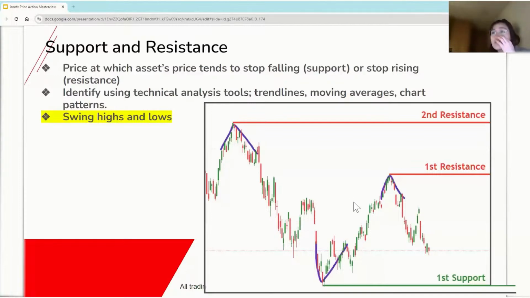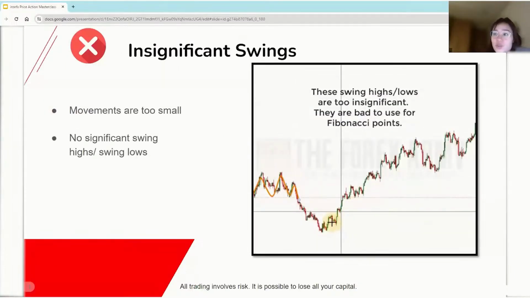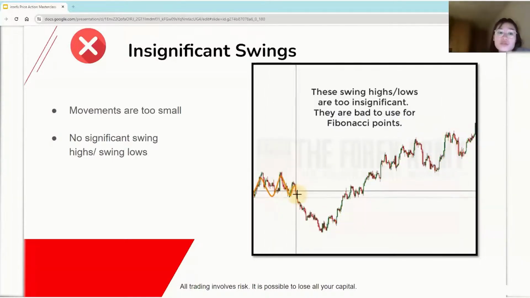Okay, next. So here's an example of an insignificant swing. These levels are bad to use for Fibonacci points. Here we're talking about Fibonacci, but they are bad to use for any kind of resistance or support levels that you're looking at.